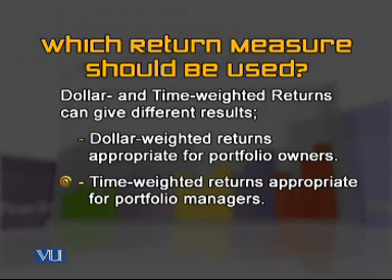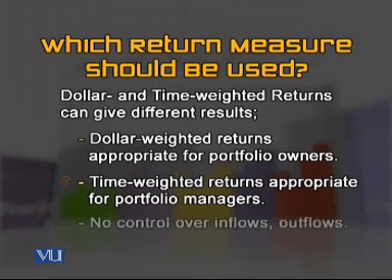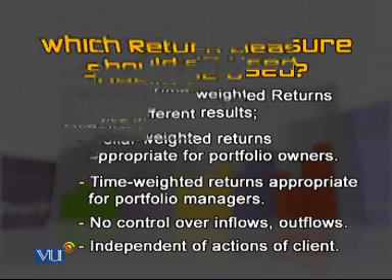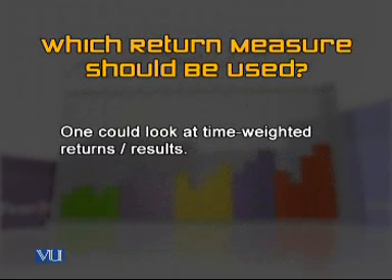The manager would want infinite time as far as the portfolio is concerned, because he'd get a better result over time. An investor wants money returns. There is no control over inflows or outflows in time-weighted return, and it is independent of the actions of the client. Time helps money managers or portfolio managers more. So one could look at time-weighted returns to be the better measure of the two.